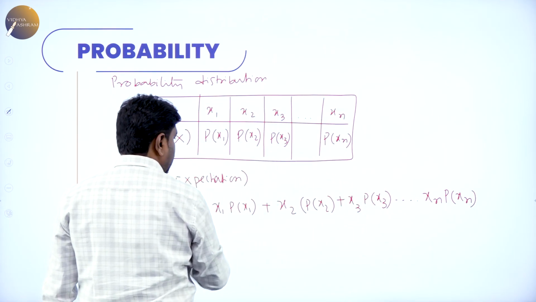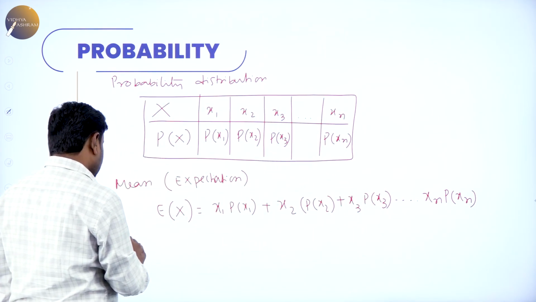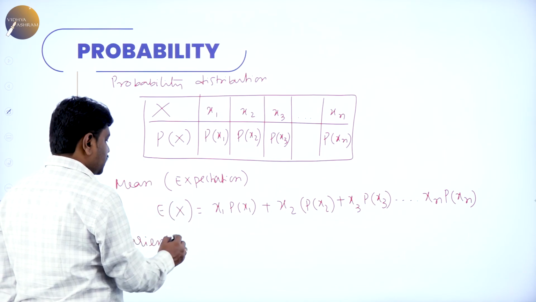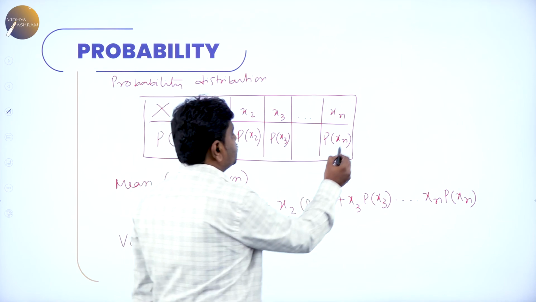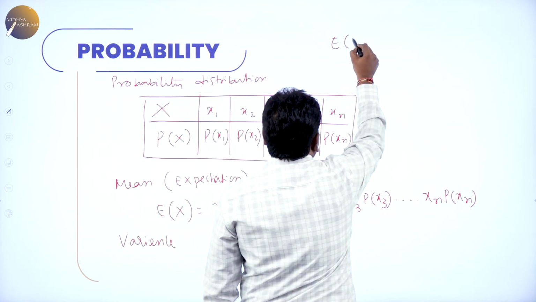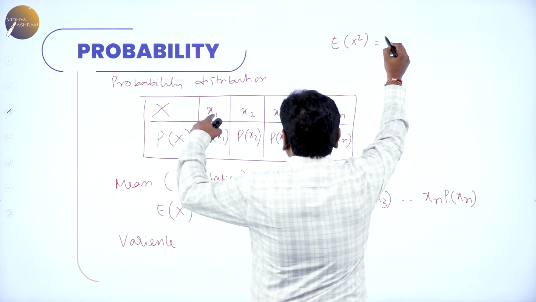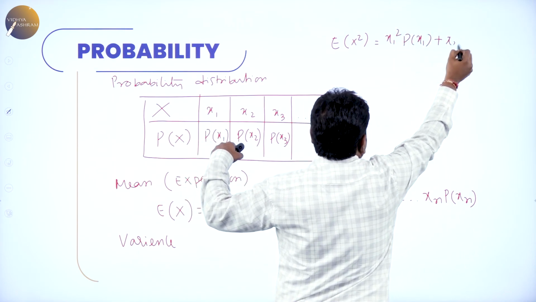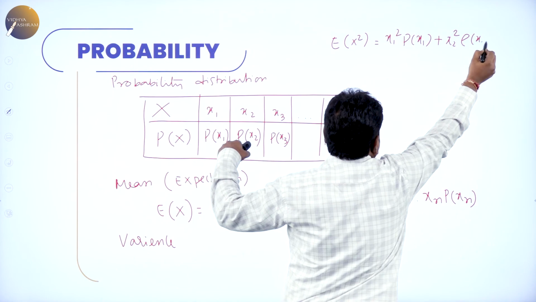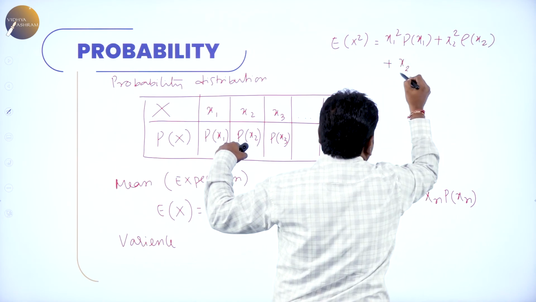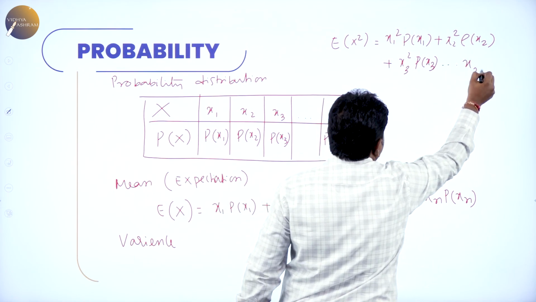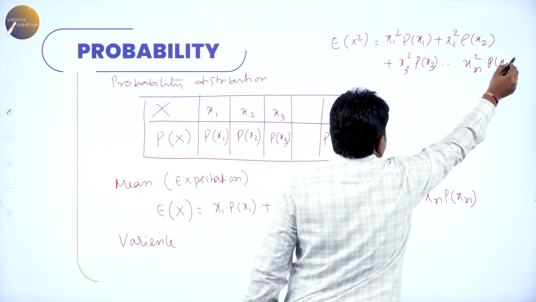After you calculate E of x, now you go for variance. In order to find variance, the first task is you should also find E of x square. E of x square means x1 square into p of x1 plus x2 square into p of x2 plus x3 square into p of x3, and so on till xn square into p of xn.